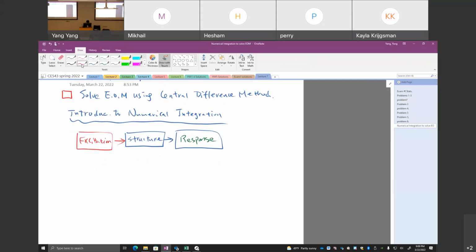For free vibration, that's pretty easy if we have a single degree of freedom system there.